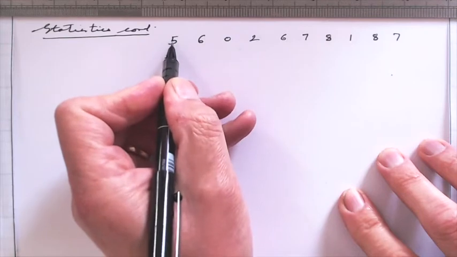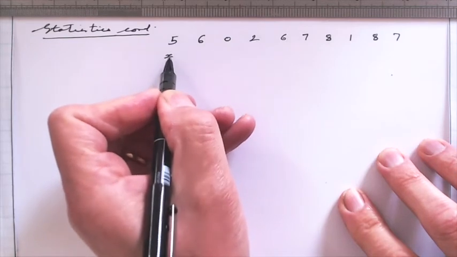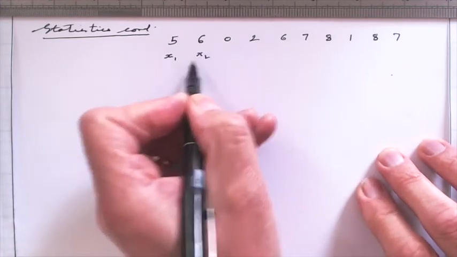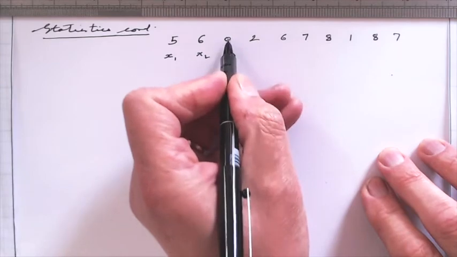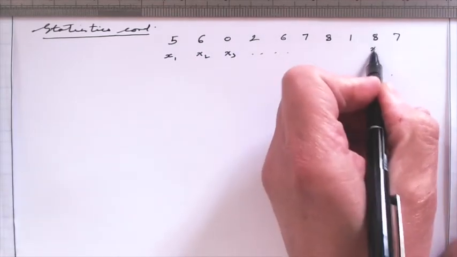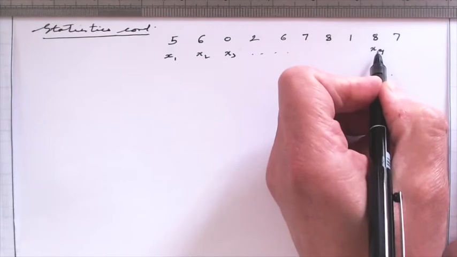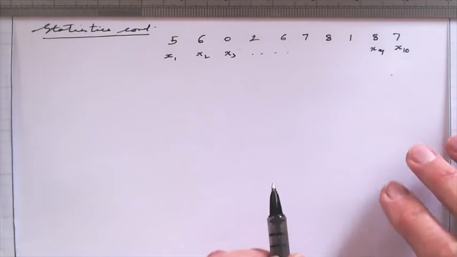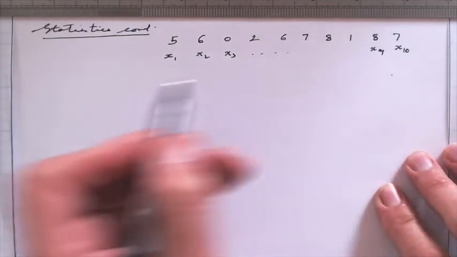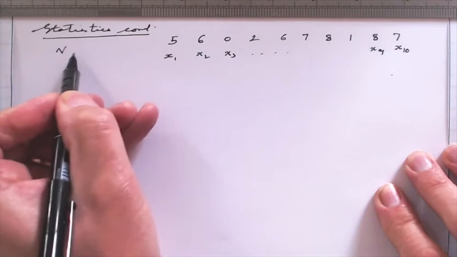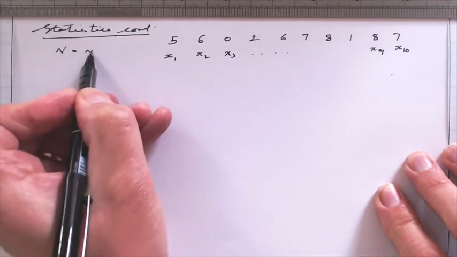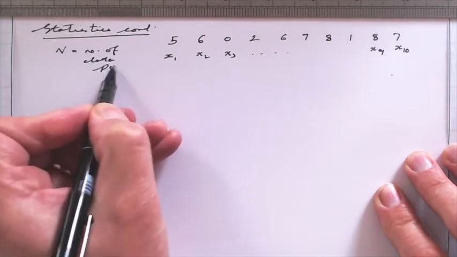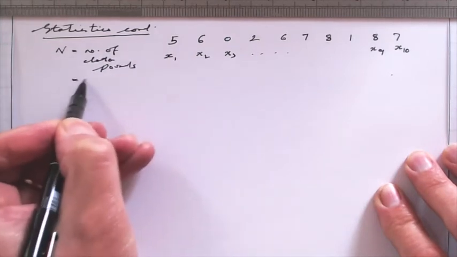So we're going to call the number of hours of sunshine x, and x1 is that number for day 1, x2 for day 2, x3 for day 3, and so on until x9 for day 9, and finally x10 for day 10. We're also going to introduce a symbol n as the number of data points. In our case, that's 10.